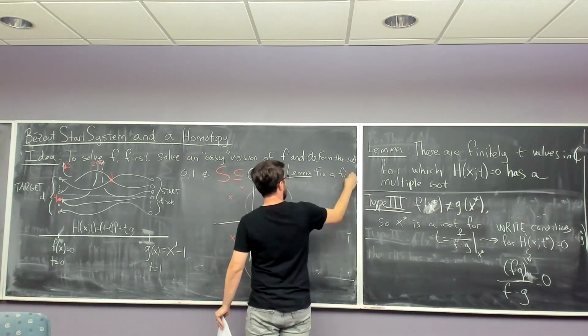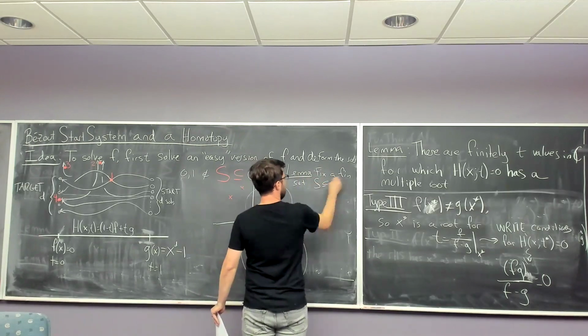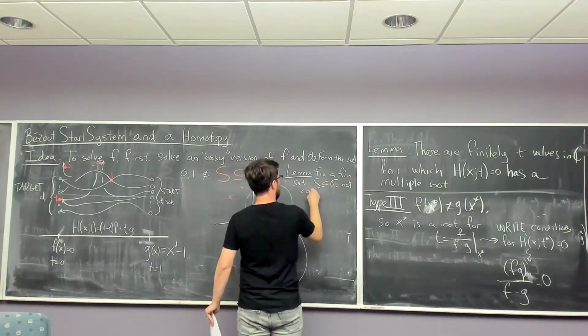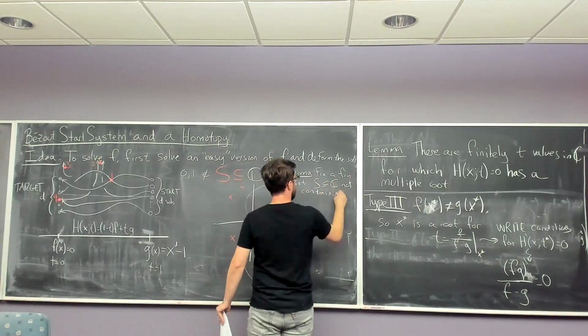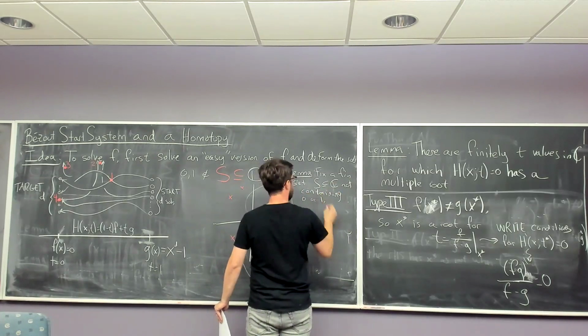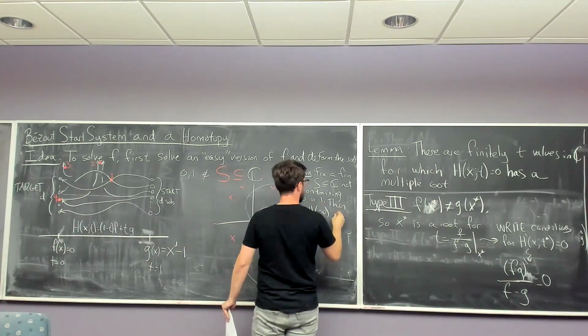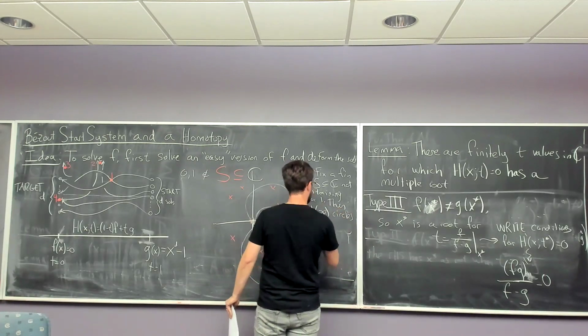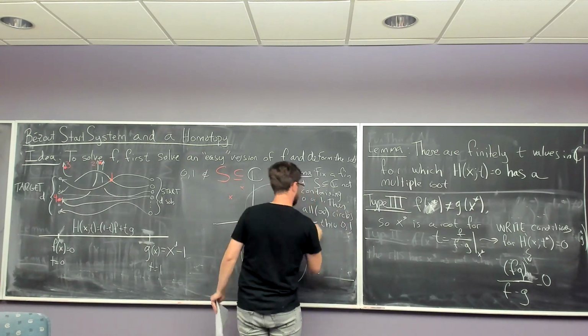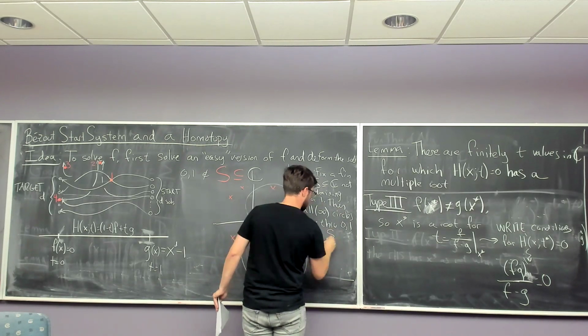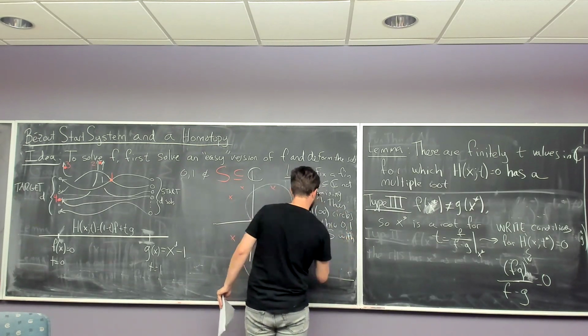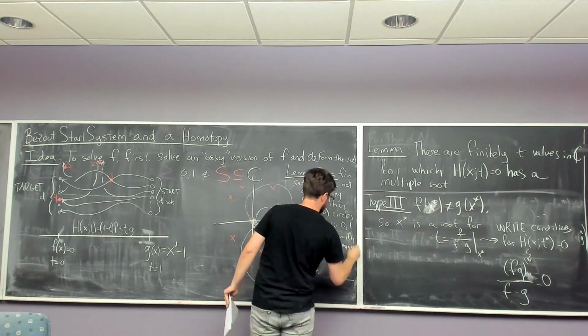So just to be very specific, fix a finite set S not containing 0 or 1, then all, namely infinitely many, circles through 0 and 1 miss S with only finitely many exceptions.